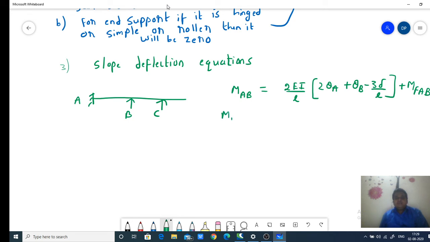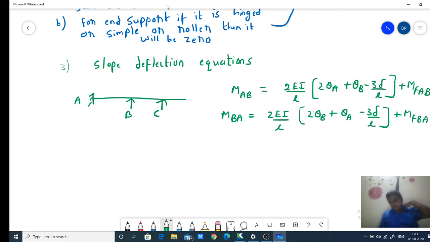Similarly, for MBA, it will be the same 2EI by L, and instead of 2 theta A it will be 2 theta B plus theta A minus 3 delta upon L, plus MF BA. So this is how the equation has to be written.